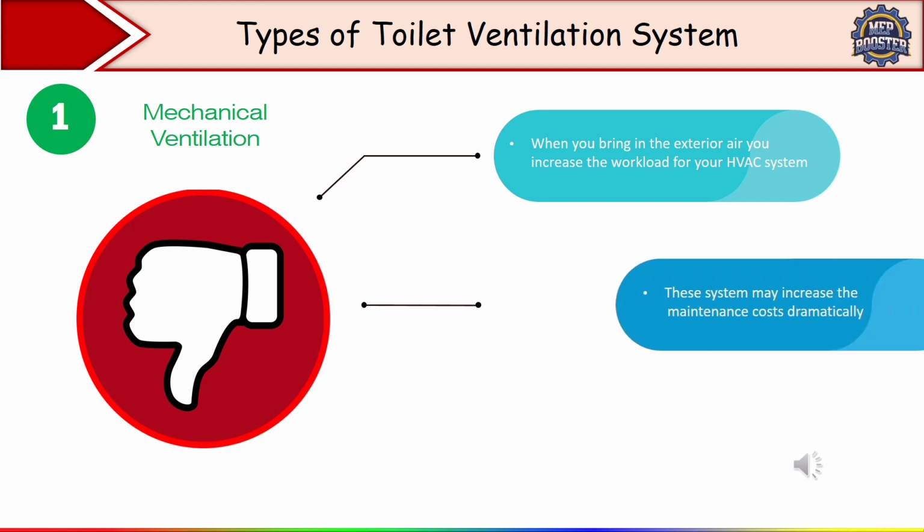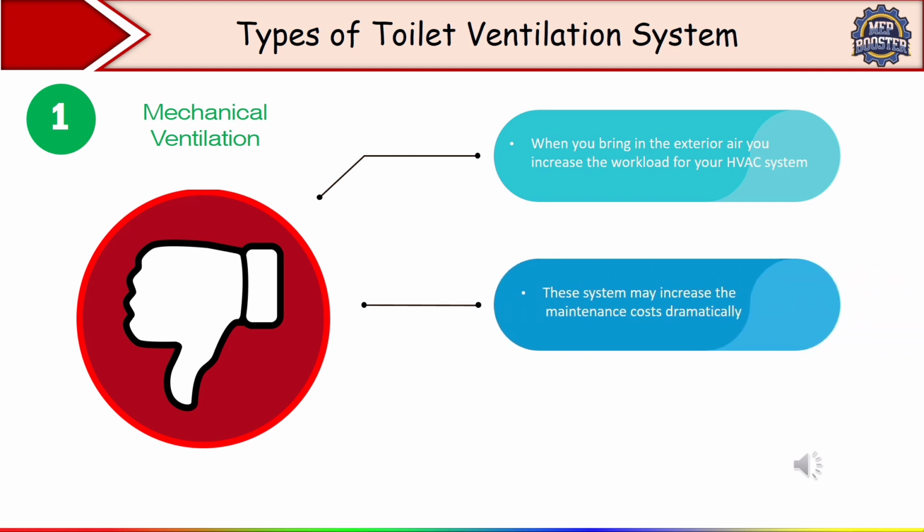Okay, and this system may increase the maintenance cost dramatically. Suppose due to any reason your fan does not work, then we need to do the maintenance for that. Okay, so that is why it is written this system may increase the maintenance cost dramatically.